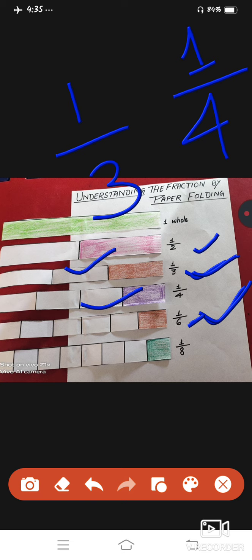The number of shaded parts is 1 and the total number of equal parts is 6. So we write this like this. This is 1 by 6 or 1/6.